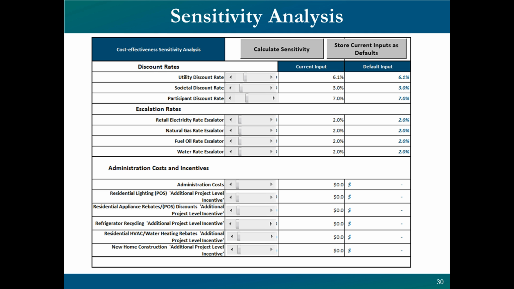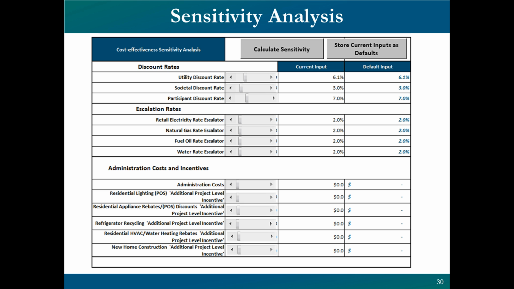So lowering the discount rates would likely give you better cost effectiveness results. Similarly, the escalation rates can be used, and testing these sensitivities can give the user an idea of, if fuel prices are expected to be low or energy costs are expected to be low, leading to lower rates in the future, how that would impact the cost effectiveness of different programs and portfolio.